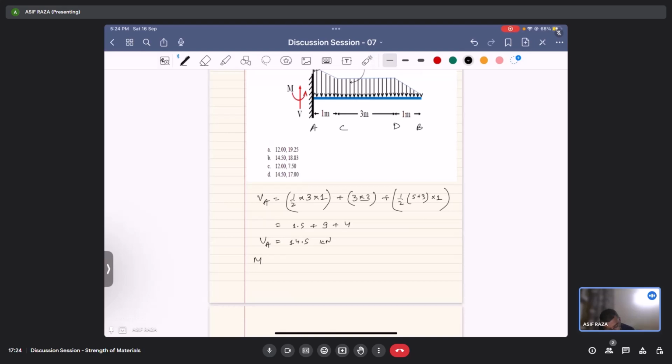For the bending moment at M, from the dB section, it would be 1 by 2 into 3 into 1, and that will act 1 by 3 from this side.